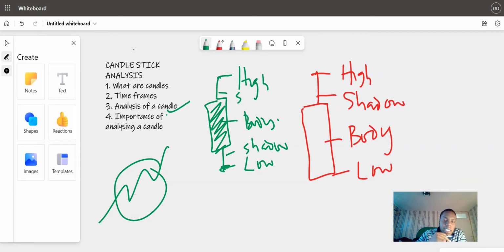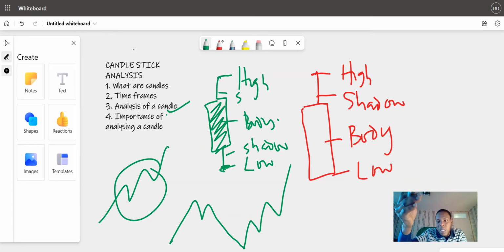For instance, this is what I mean. Price started like this, came up and is now building back up. So price went up, then it came down to form a weakness. It's called a shadow or wick. So price was building up, forming strength, building the body.